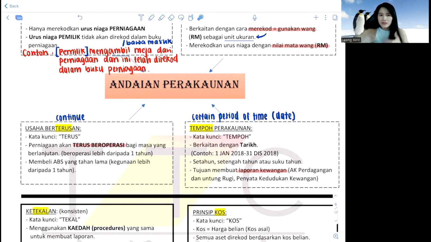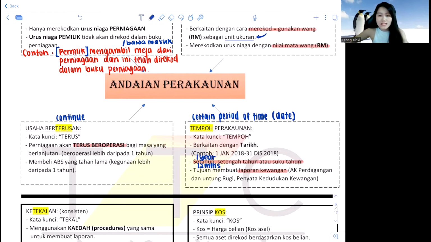Now, of course, some of the shops would also prefer to record in a higher frequency. So they use suku tahun or setengah tahun. So setahun, setengah tahun, suku tahun are 3 types of period. Setahun means 1 year. 1 year stands for 12 months.